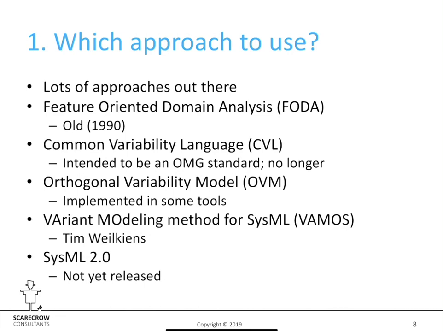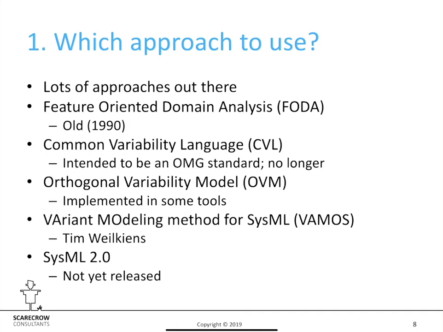A common one that is implemented in some SysML tools, I certainly know that what was Artisan Studio and then became Tego Modeler, and I think is now called PTC Integrity Modeler, they were certainly playing around with something called the orthogonal variability model, the OVM, which I think came from the University of the Ruhr in Germany.